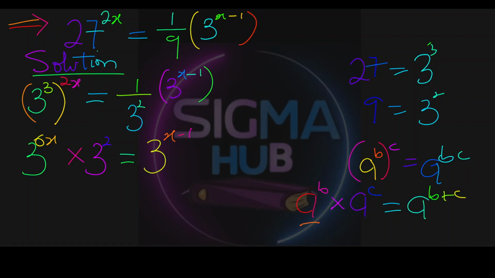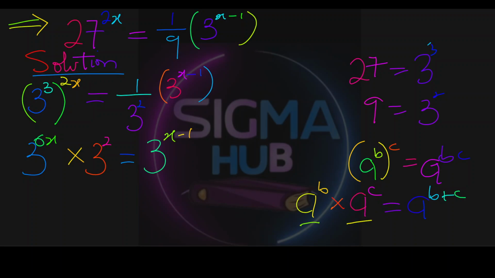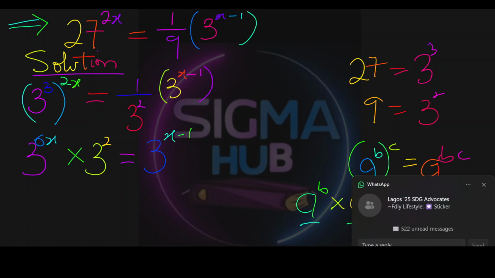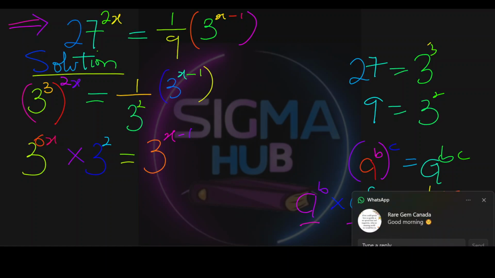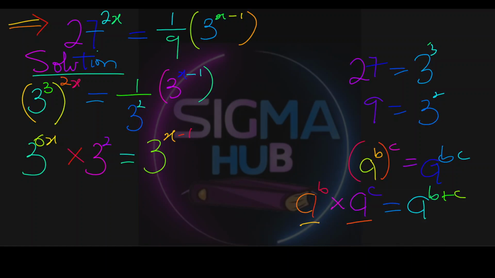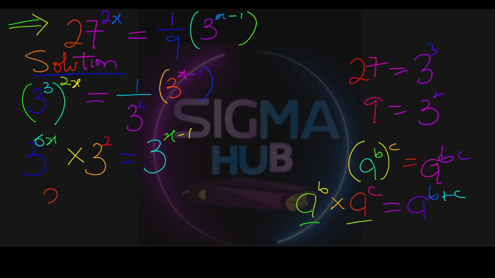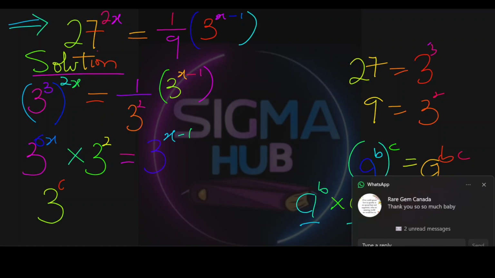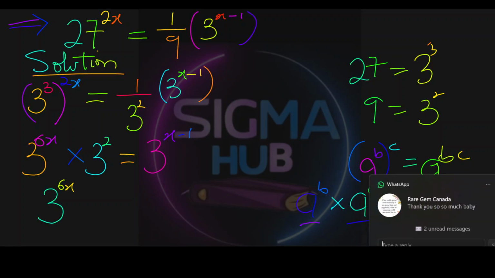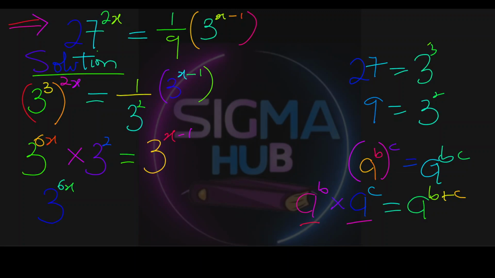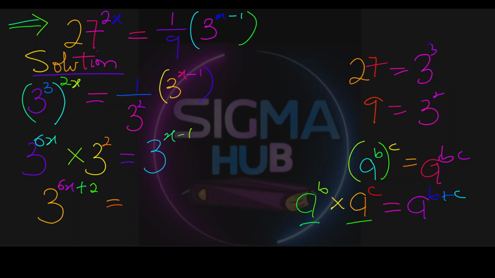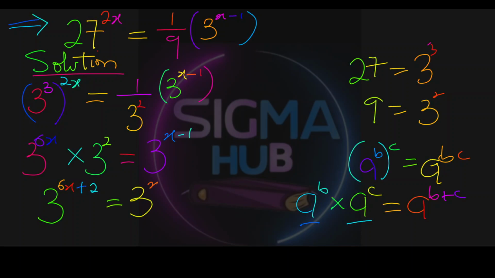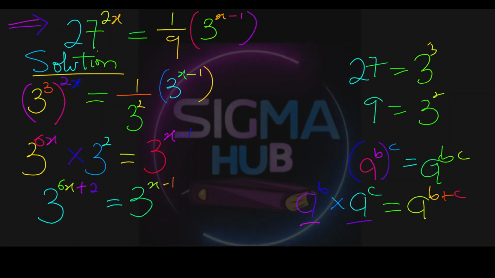So when they have the same base and there is multiplication, you add the power. So we're having 3 raised to the power of 6x plus 2 equal to 3 raised to the power of x minus 1.